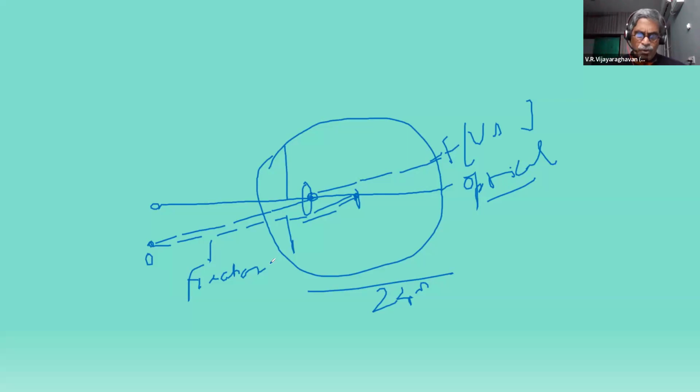Imagine now, one by one. See here the optical axis and the visual axis at the nodal point. An angle is created at the nodal point between the visual axis and the optical axis. That is called the alpha angle.